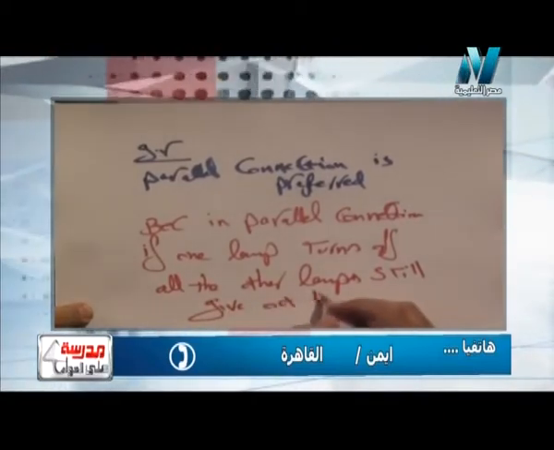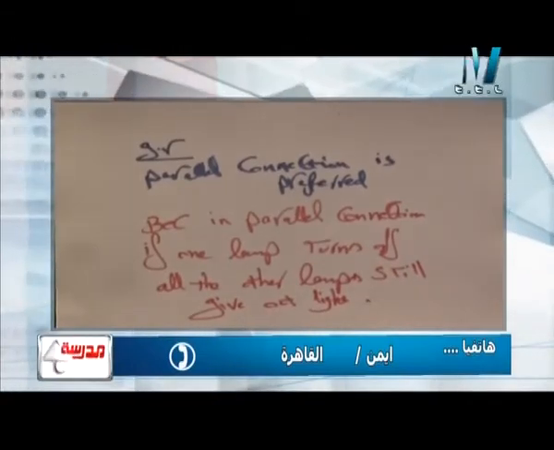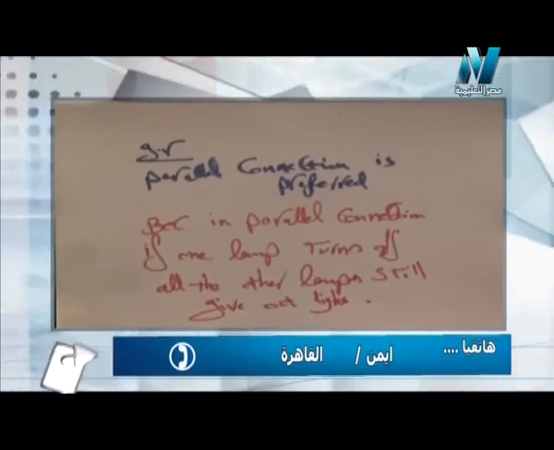Okay, Ayman? So if one lamp turns off, all the other lamps aren't affected and still give out light. So parallel connection is preferred because each lamp in this connection works independently. If any lamp burns out, turns off, or breaks, all the other lamps aren't affected.